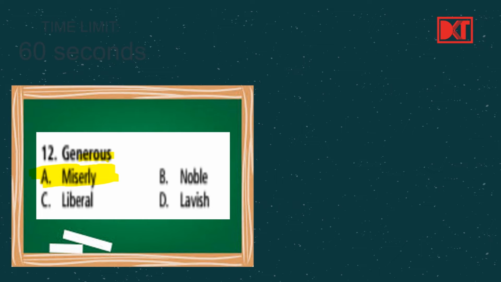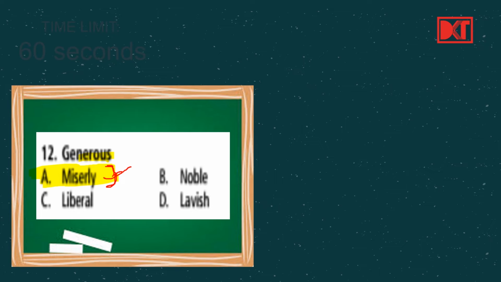Now miserly we can say someone who is a little stingy and keeps their money, doesn't take their money out of their pockets, and keeps their resources very carefully, uses the least resources, in a stingy sort of way.